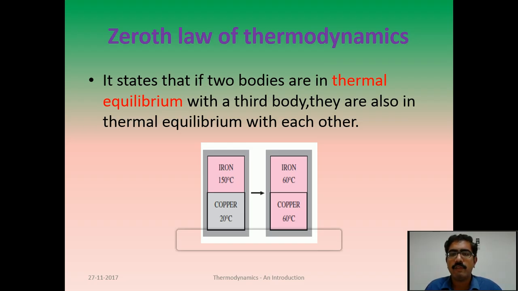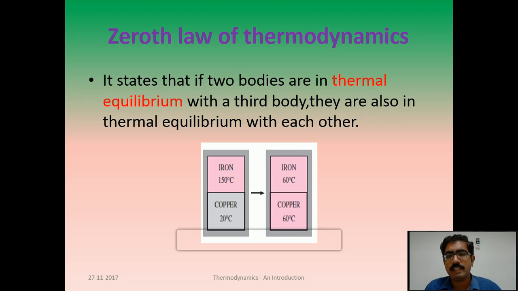So heat always transfers from a higher temperature medium to a lower temperature medium. Likewise, iron is at 150 degrees Celsius and copper at 20 degrees Celsius, so heat will be transferred from the iron to the copper until thermal equilibrium is attained.